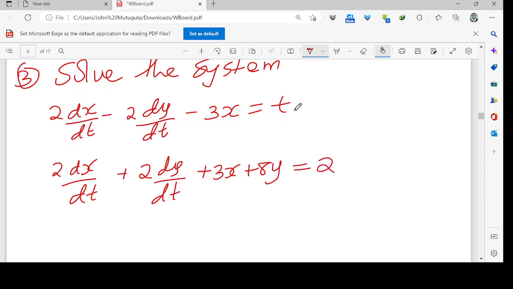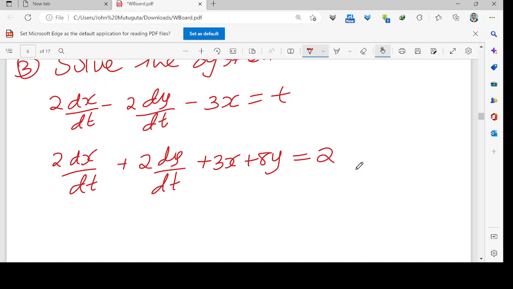This one is a non-homogeneous system because we see that in the first equation we have t. This term does not contain either x or y. This term also does not contain either x or y. So this makes the system a non-homogeneous system.